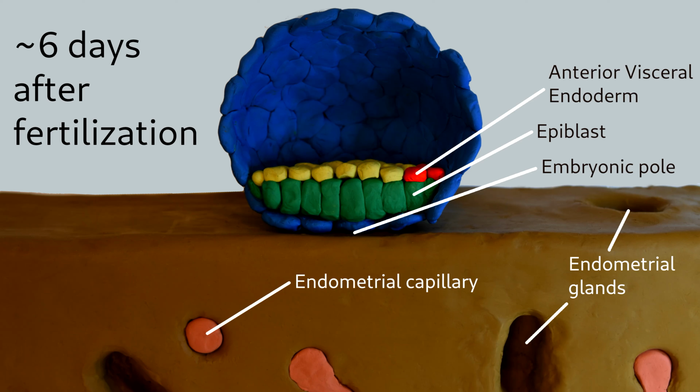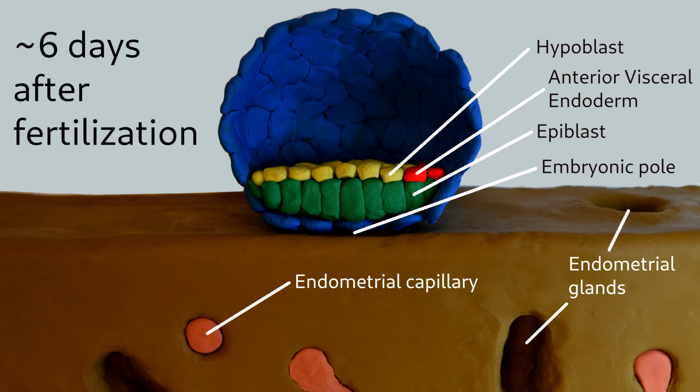The syncytiotrophoblast is a multinucleated mass with no discernible cell boundaries, and also produces human chorionic gonadotrophin, HCG, which is transferred to the maternal blood supply via lacunae in the syncytiotrophoblast and maintains the production of estrogen and progesterone by the corpus luteum.